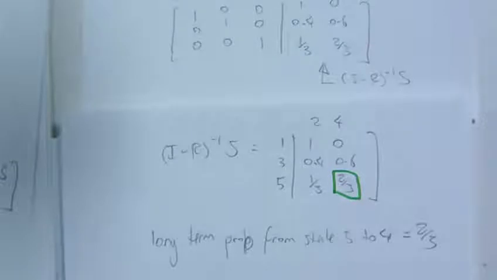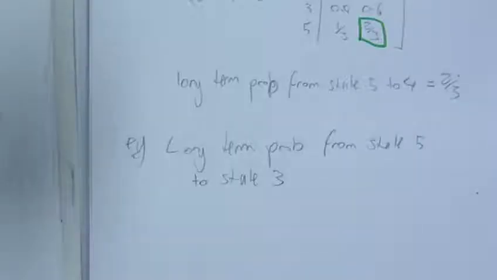So, just to point that out, probability from state 5 to state 3, say. Well, state 3 isn't an absorbing state, so you can't end up there at the end. And you can even do that.